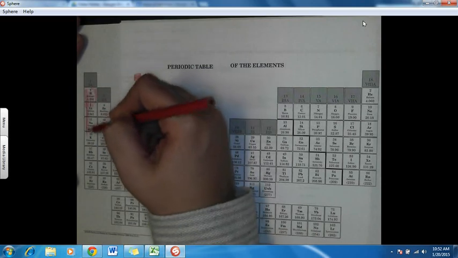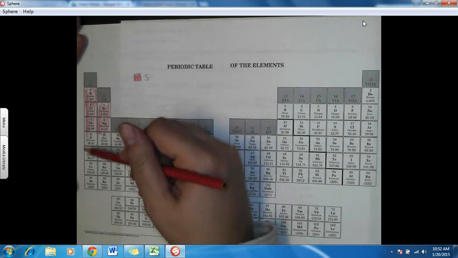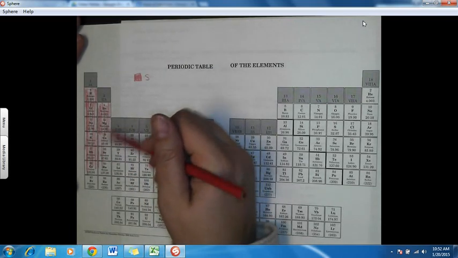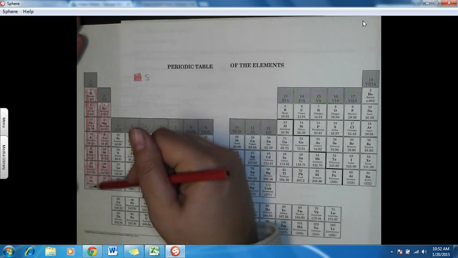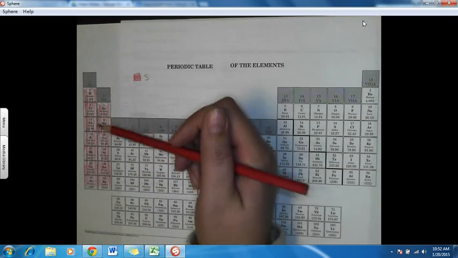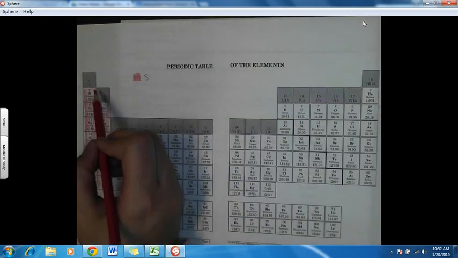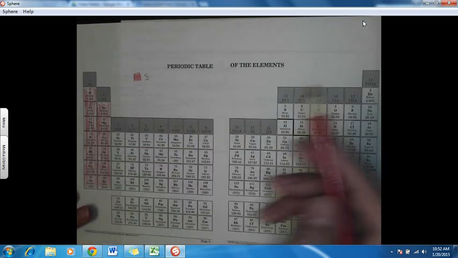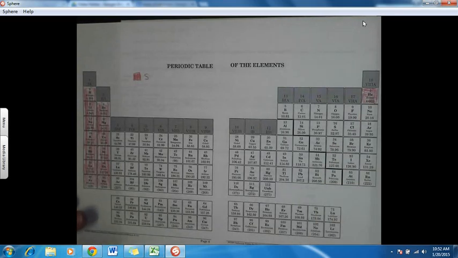So we color in our S. Now, for the purpose of electron configuration, helium is imagined to sit here next to hydrogen. So it also is part of the S sublevel. The reason that it's over here to the far right is because it's a noble gas.